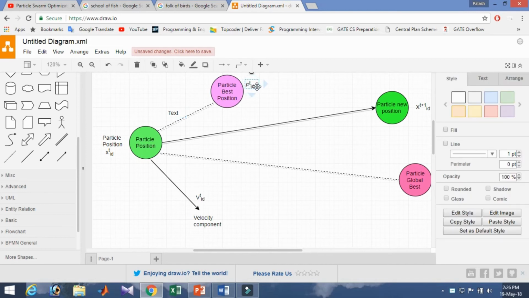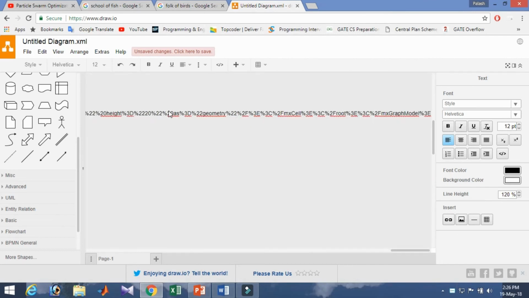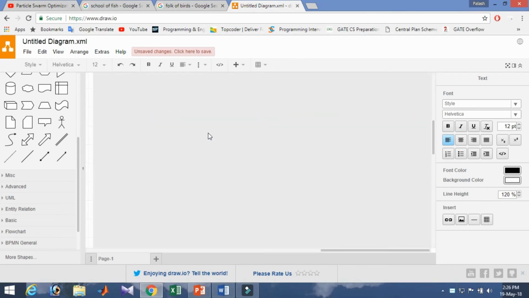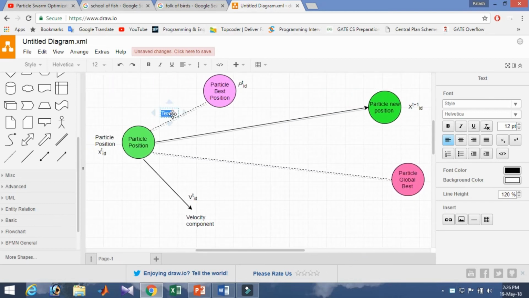First, the final position minus its initial position. The initial position is this position.